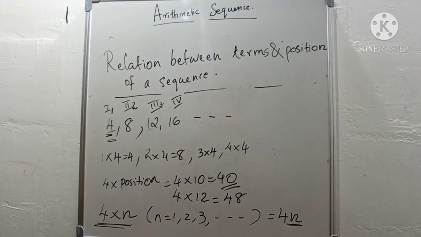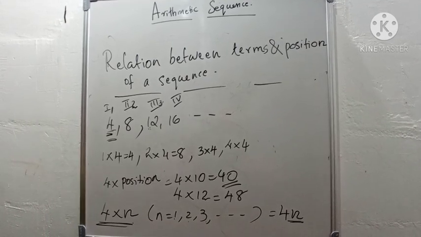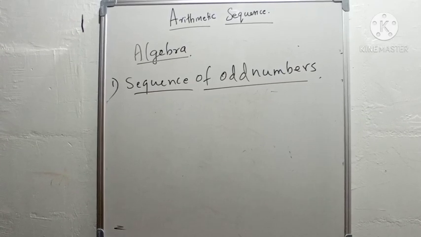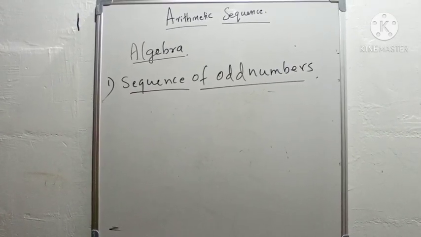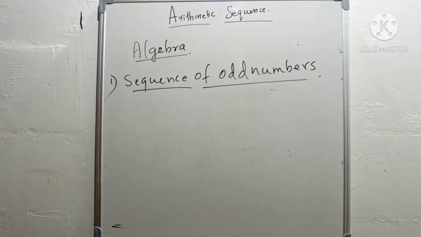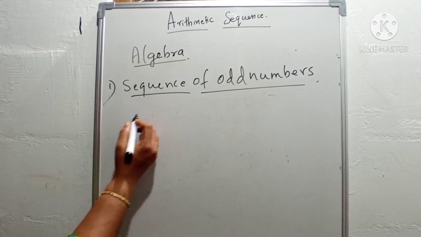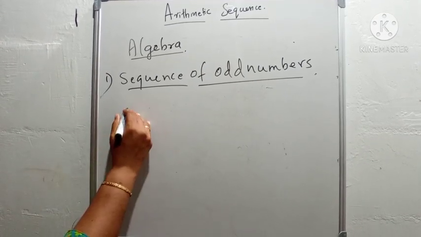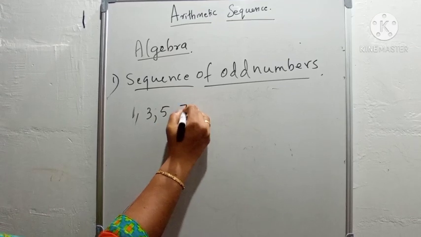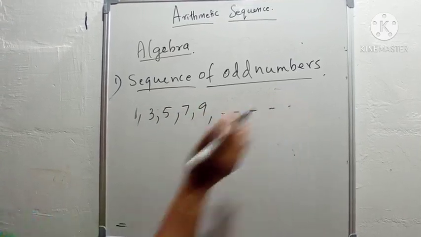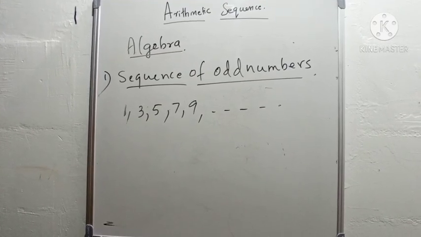The first is the sequence of odd numbers. How do we write the sequence of odd numbers? The first number is 1, then 3, 5, 7, 9, etc. These are odd numbers.